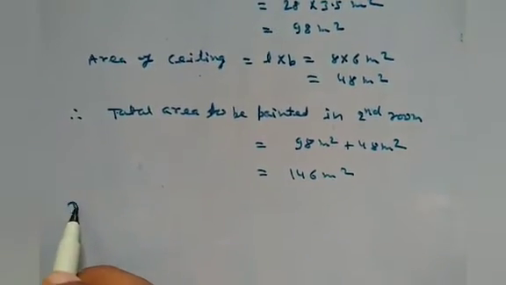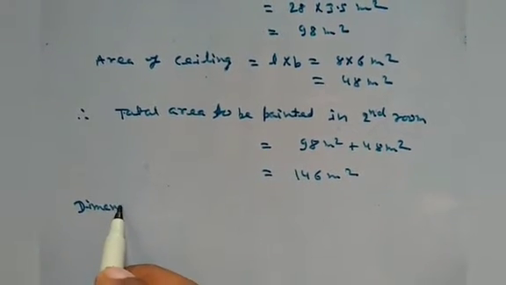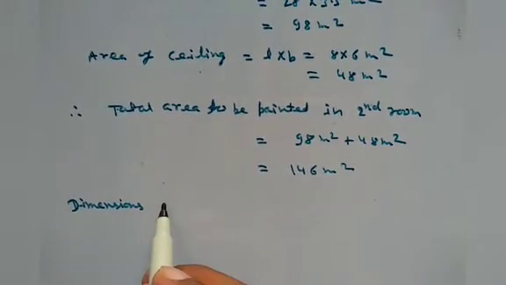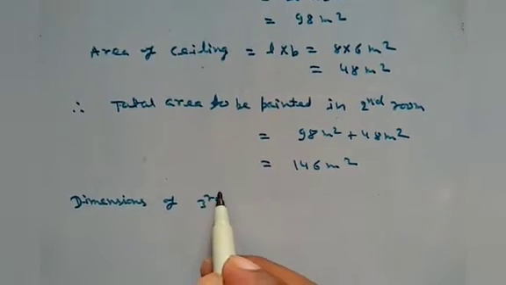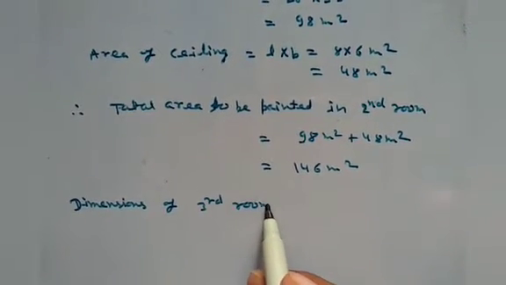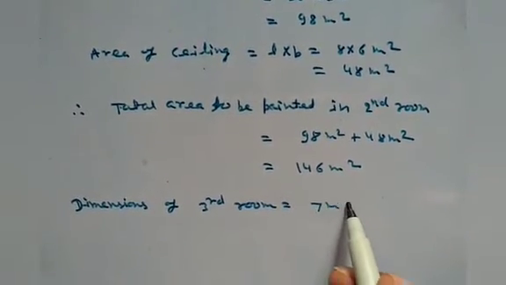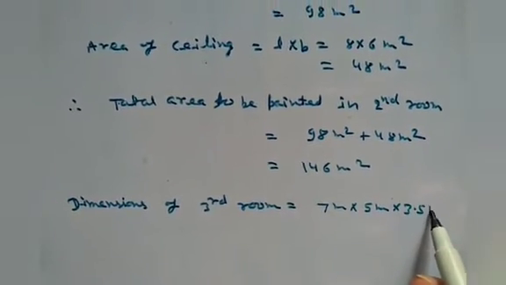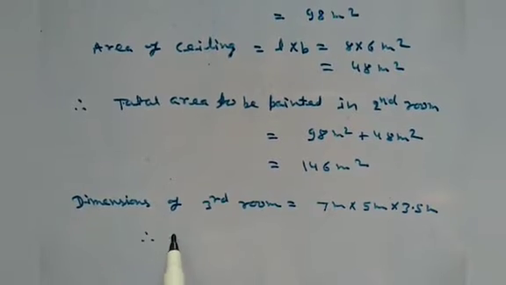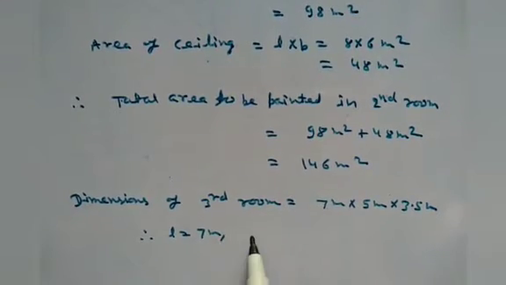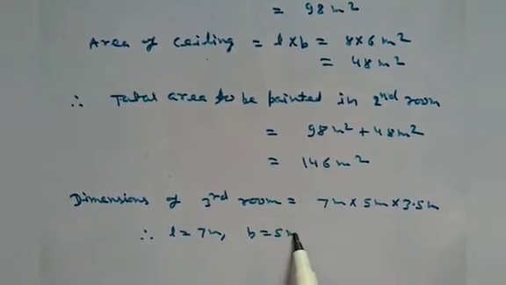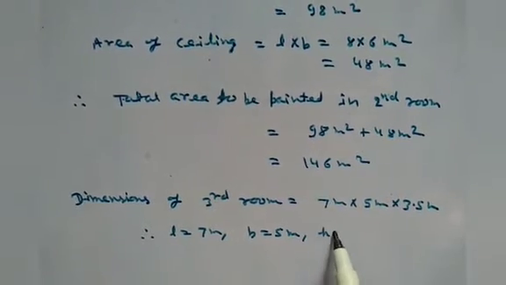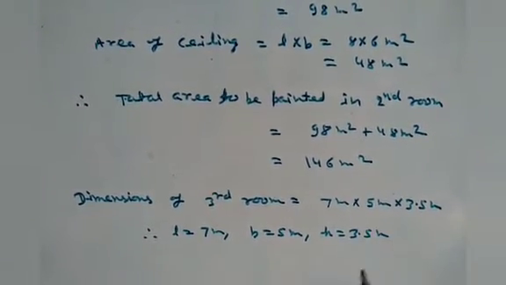Now dimensions of third room equal to 7 meter into 5 meter into 3.5 meter. So L is equal to 7 meter, B is equal to 5 meter and H is equal to 3.5 meter.